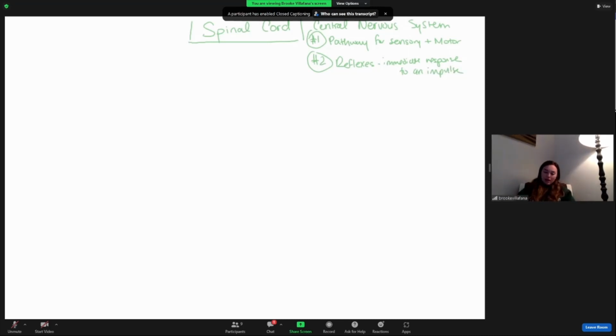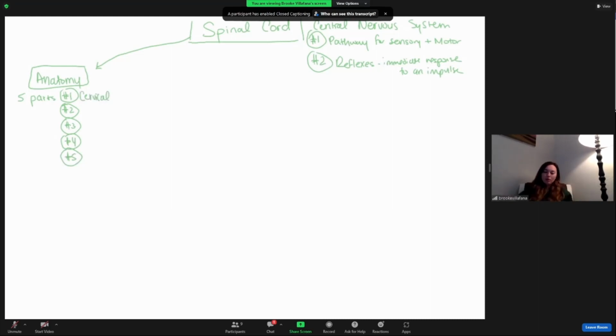The chapter is organized, like I always say, I don't always love the way these are organized. So it talks about the anatomy of the spinal cord and the fact that the spinal cord has 5 parts. So 5 parts. Part 1 is cervical.